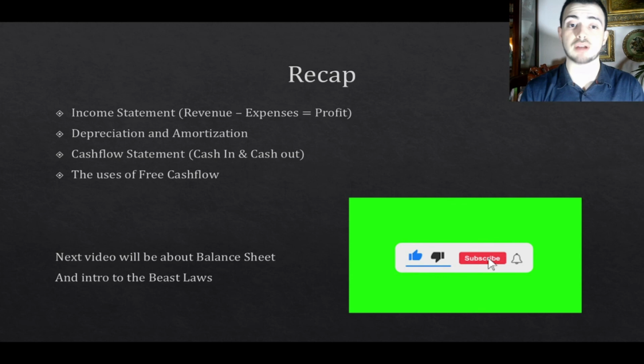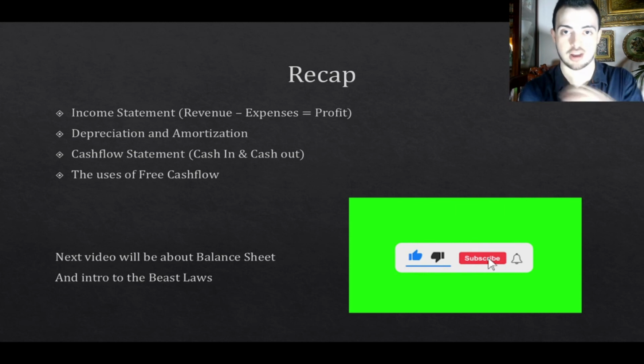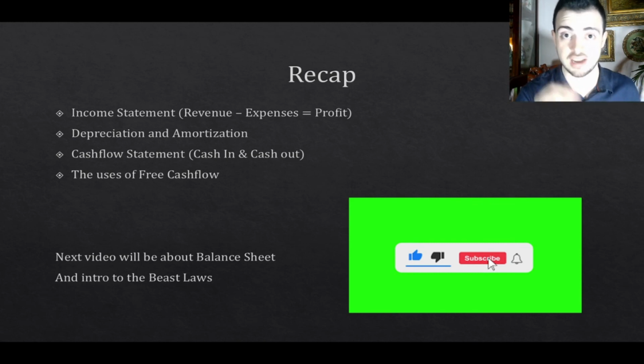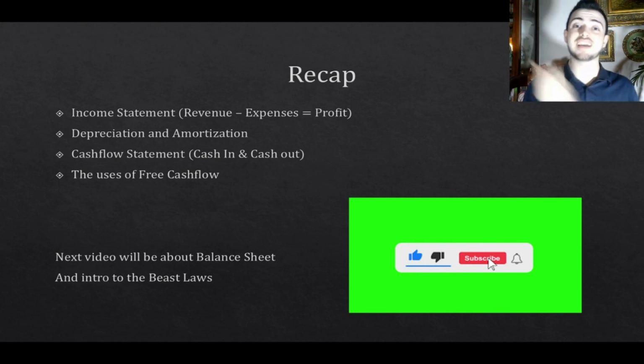We also learned about the cash flow statement and how it is cash in minus cash out. So all the money that goes in the business minus all the money that comes out, cash. And finally, we learned also what the uses were of free cash flow. So this is dividends, share buybacks, paying down debt, mergers and acquisitions, as well as how I find the intrinsic value of a company.